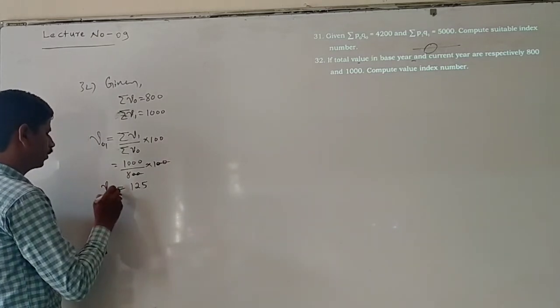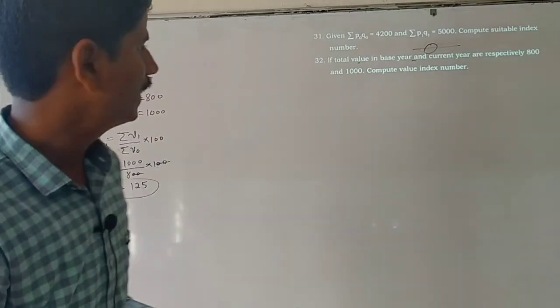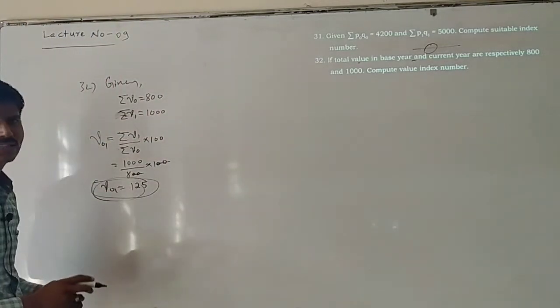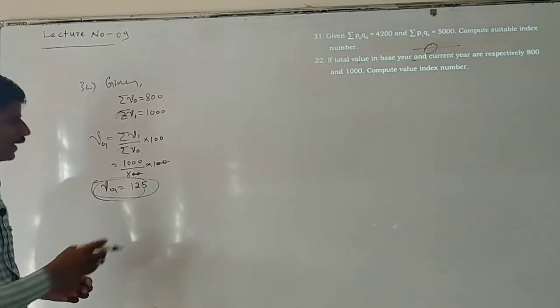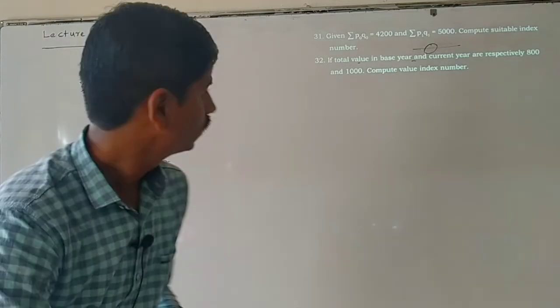Here V01 is 125. The value aggregate is 125. That is the problem number 32.